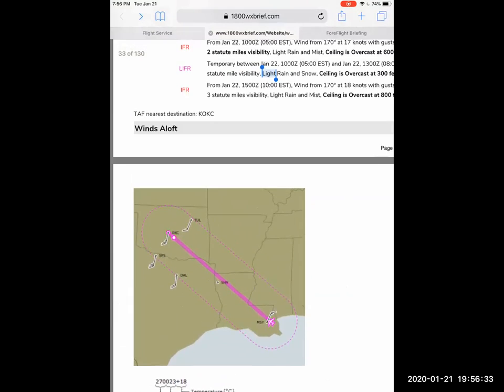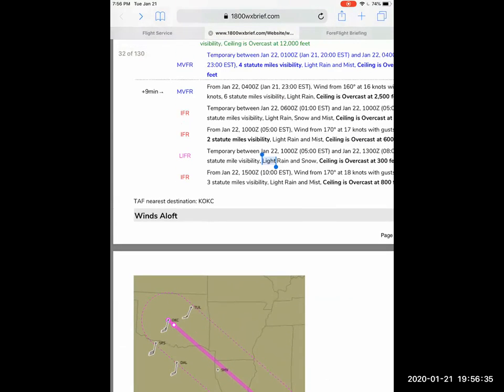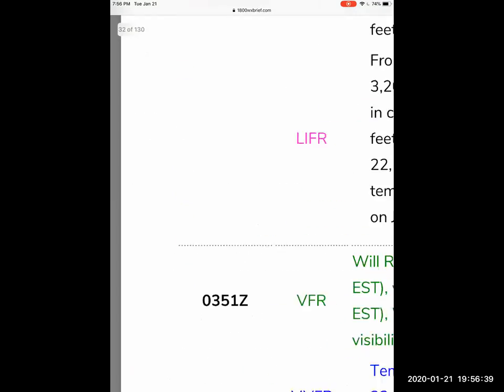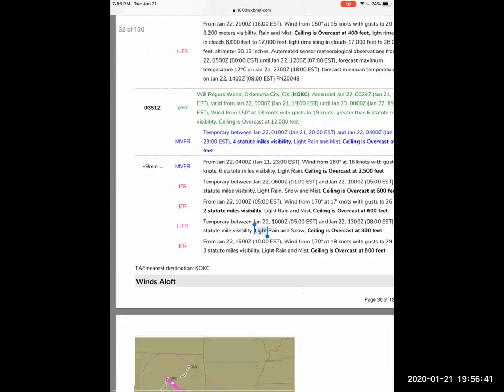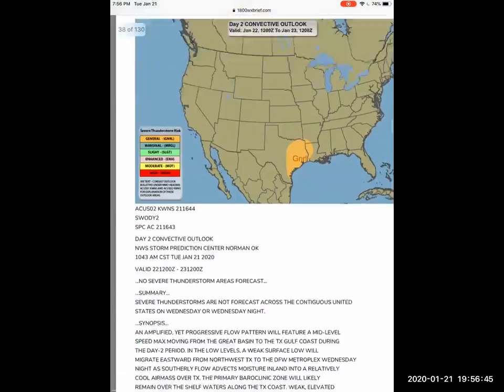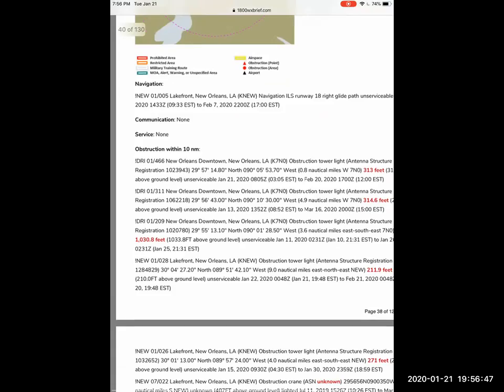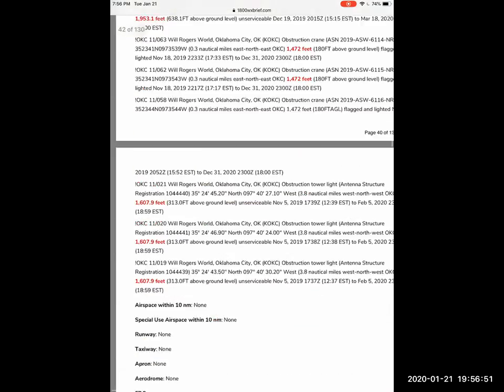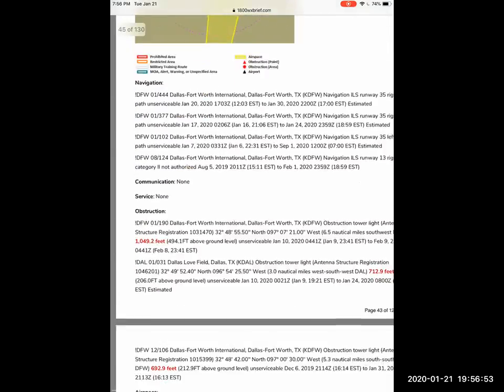Okay, that's about as far as I'm going to go in this. You can see at the top of the PDF, there's 130 pages to go through. I'm just going to go through some of this stuff to show you once again that this can be quite intimidating as far as the amount of information. The key is knowing what's pertinent.